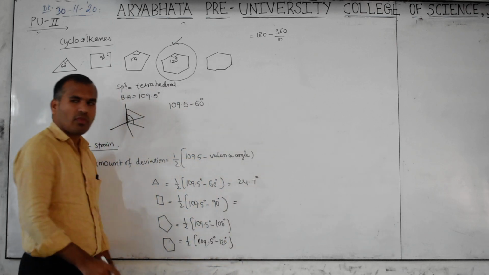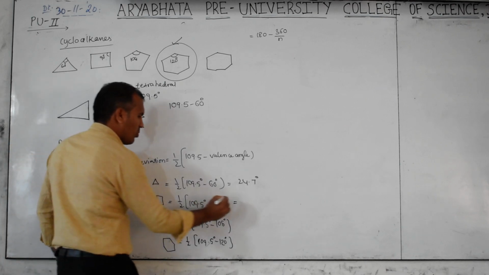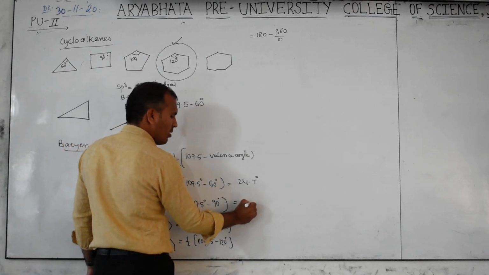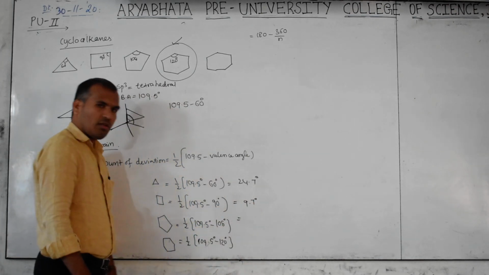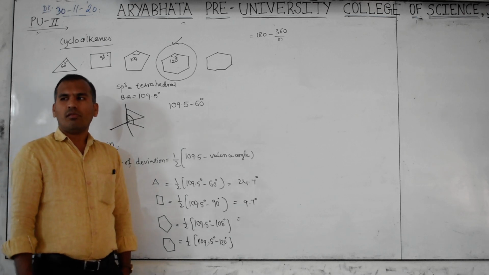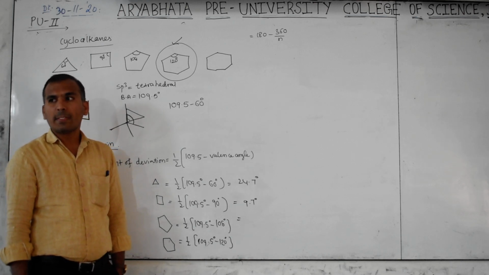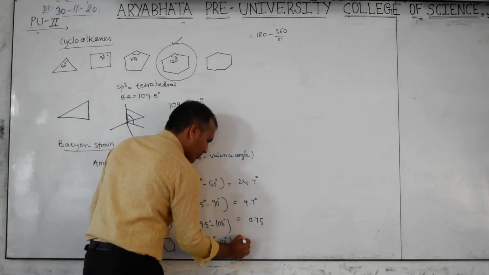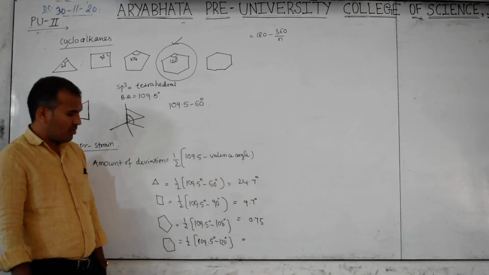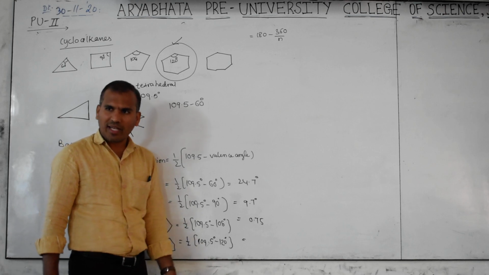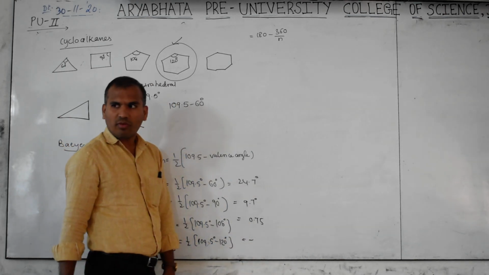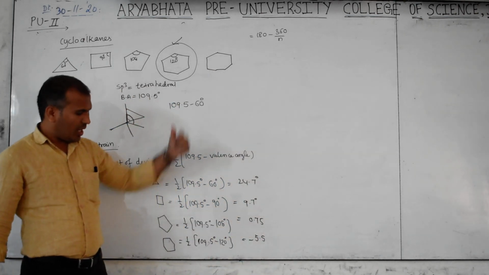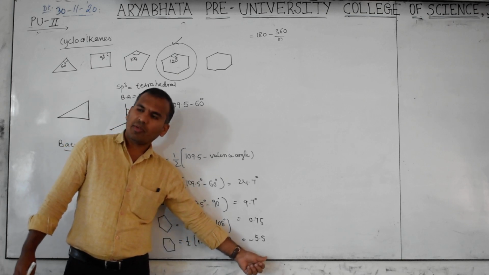Second one, 9.70. Next, 0.75. Next, minus, because it is a higher value subtracted from a lower value, it is compulsorily a minus value. Then minus 5.5. If you do this for the next one, the angle will again be minus.